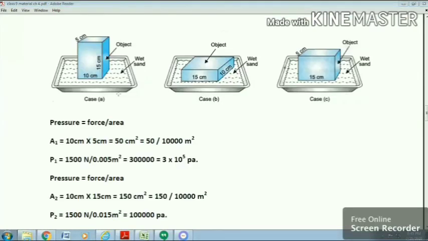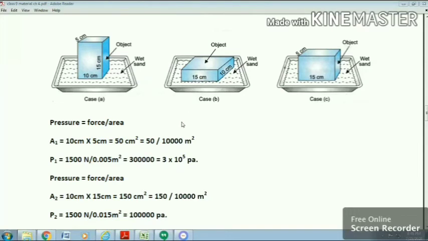Okay. Now the next is ways to decrease the pressure. And to decrease the pressure, what will we do? The pressure on a surface is reduced by increasing the surface area. The best example is in front of your eyes, case A and case B. Here the same block with different area of contact, and you can see the pressure changes.